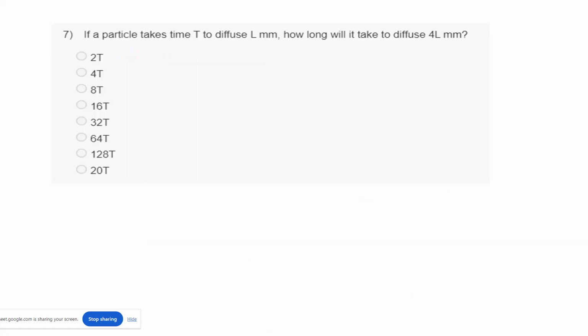Okay, here is the next question. If a particle takes time t to diffuse L mm, how long will it take to diffuse 4L mm? And these are the options. I'll give you some time to think on it and you can let me know what you think the correct answer is. 4T, option 2.